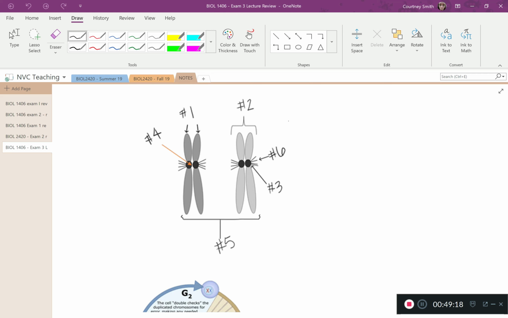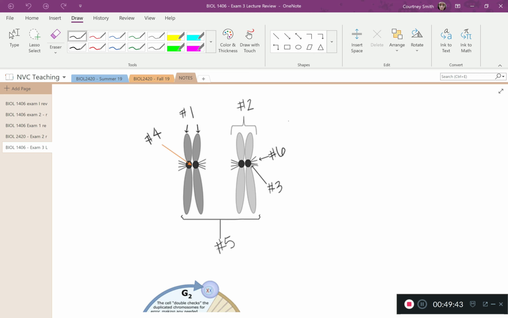Number 2 is the chromosome. Number 3 is the kinetochore. Number 4 is the centrosome, so that is the very center between chromosomes. And then number 5 is the homologous chromosomes, because they're the same, they're pairs. And then number 6 is the microtubules, or the spindle fibers.